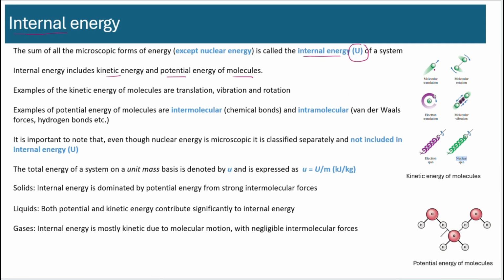So these are energy due to vibration of the molecules, energy due to rotation of the molecules, energy due to translation of molecules, energy due to electron translation, all the micro motion that is happening. That's the energy related to the kinetic energy portion of the internal energy.